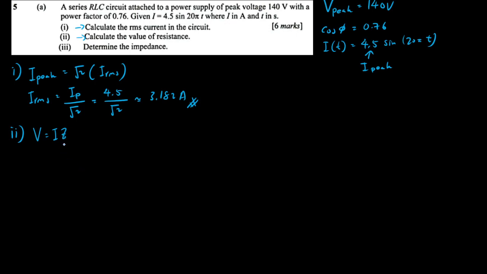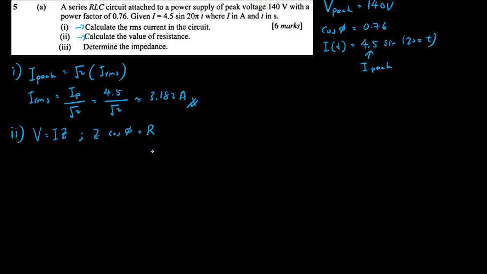Generally you will find Z from XL, XC, and R. However, in this particular question, you can actually relate Z to R simply by recognizing that Z cos phi is equal to R.